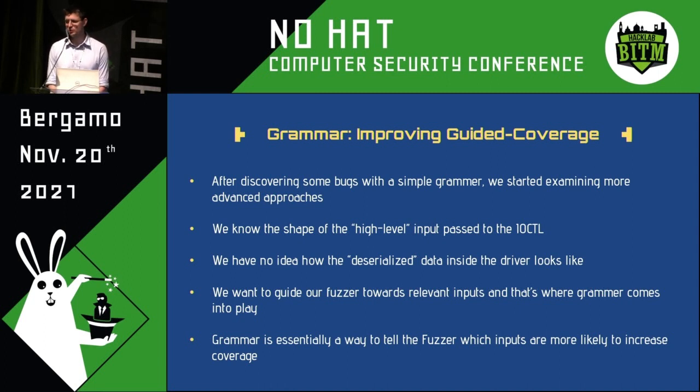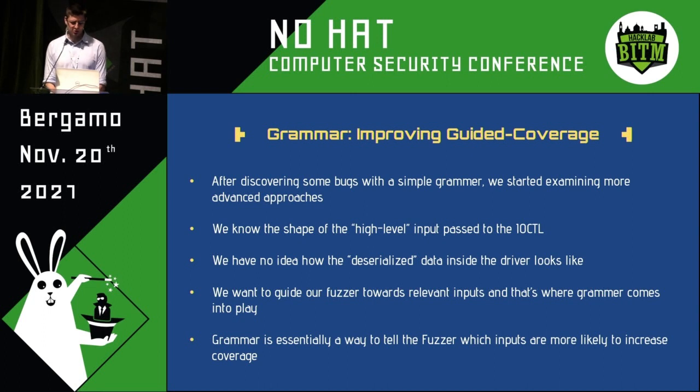For example, if we know that the past buffer should start with a specific digit, we can look for that digit, pretty much a regex. So we thought, how can we further improve on that? Because we know how to talk to the yoctal, but we don't really know what happens inside. I mean, the buffer we pass to it, we don't really know how it is going to be deserialized or how it is going to be treated.